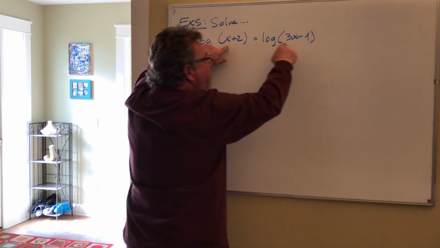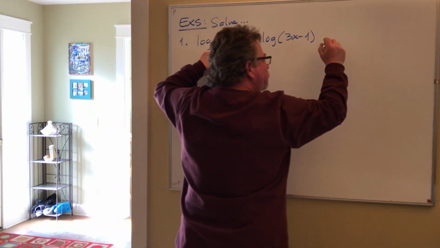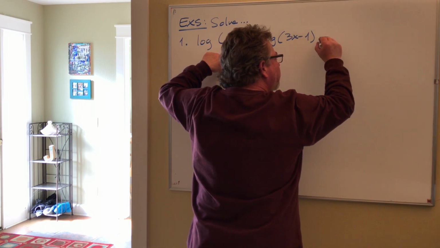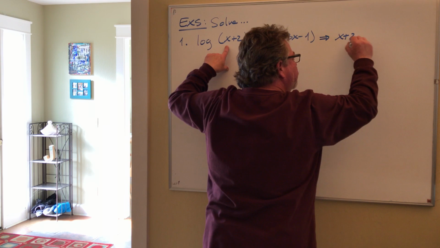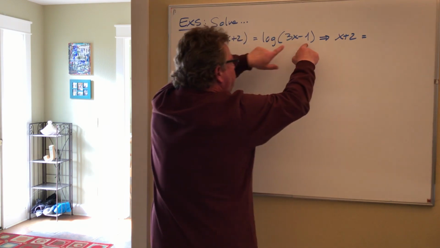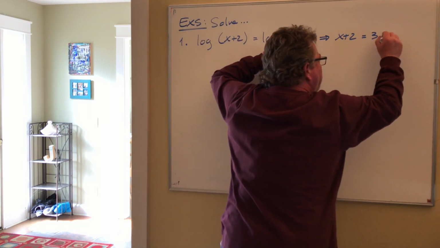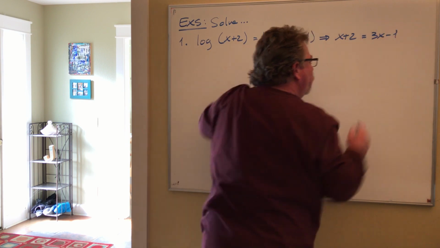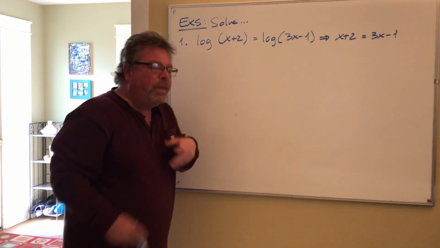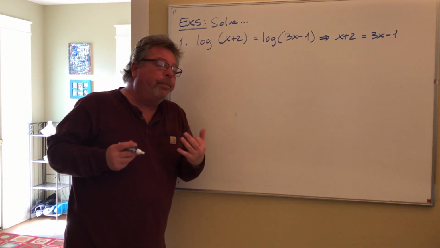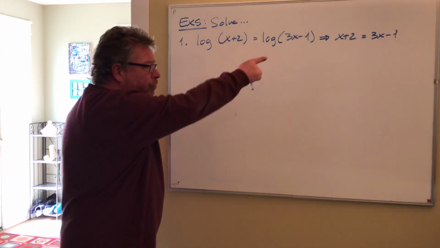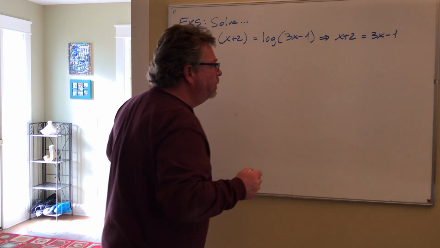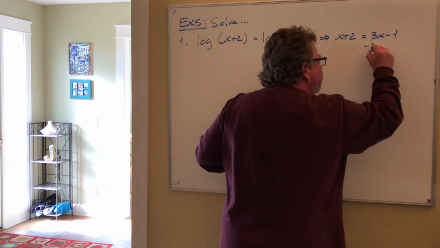Here's stuff 1, there's stuff 2. And so the argument here is that stuff 1, x plus 2, has to be equal to stuff 2, which is 3x minus 1. So that allows us, again, to leave the logarithm behind and focus on a much simpler equation. This is a trivial equation for us to solve. So let's subtract 3x.